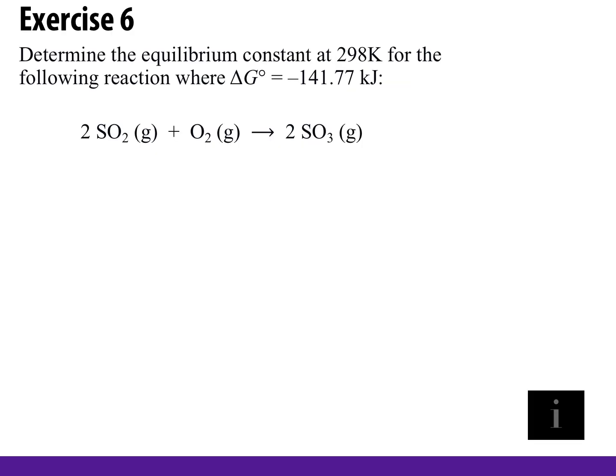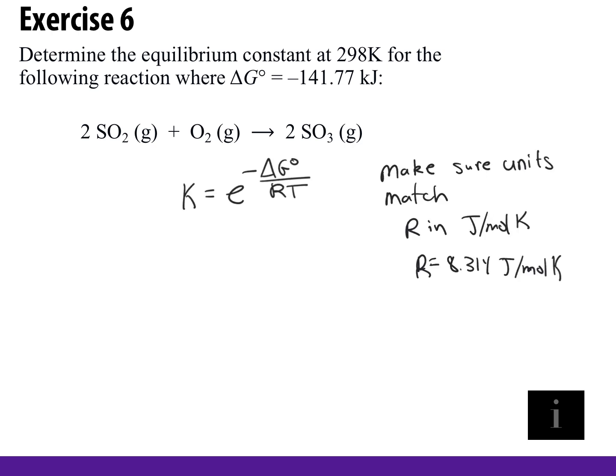So here's the exercise. What is the equilibrium constant for this reaction given delta G naught? The equation off the equation sheet, K is e to the negative delta G naught over RT. Now we just need to make sure all our units match properly. So K is equal to e to the negative. I have kilojoules here. I'm going to just convert that to joules. So negative 141.77 times 10 to the third joules per mole.